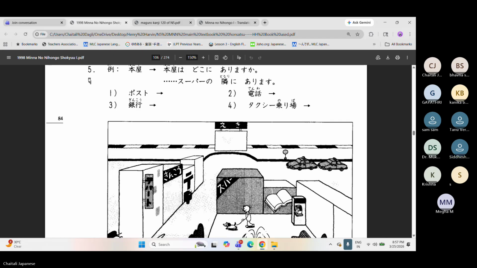No, you can also say in front. No need to say right, say in front. Right would be very confusing. Got it, ma'am. Please repeat the first one. Yubinkyoku no mae ni arimasu. Next. In front of. Next, denwa. So where is the telephone?